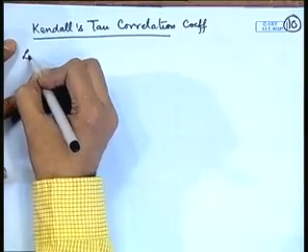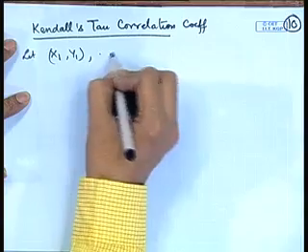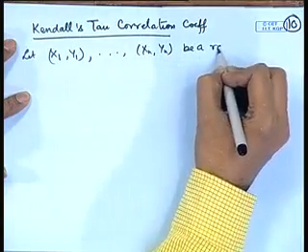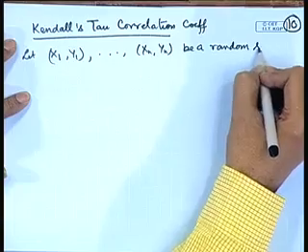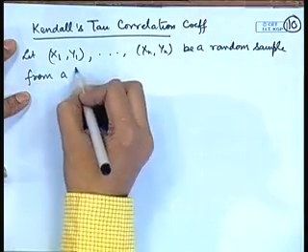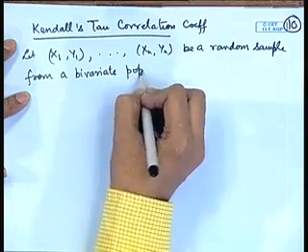So, let x1 y1, x2 y2, ..., xn yn be a random sample from a bivariate population.